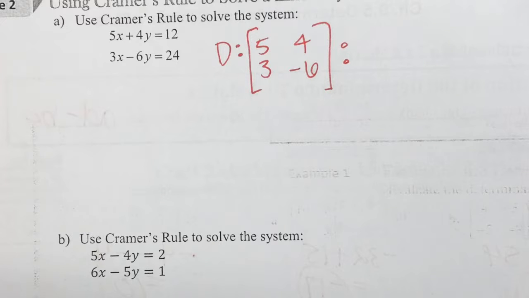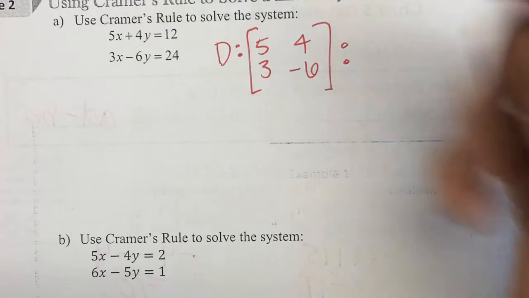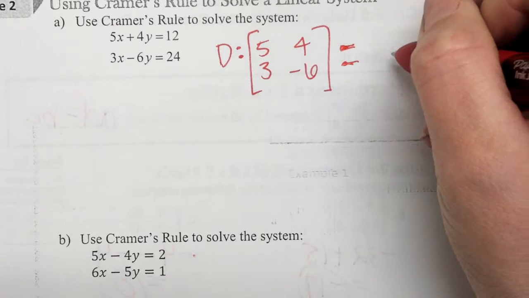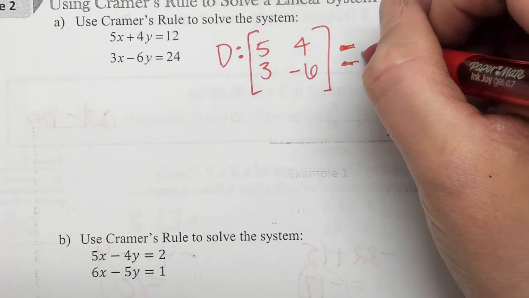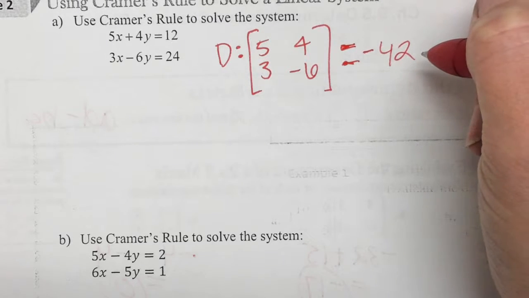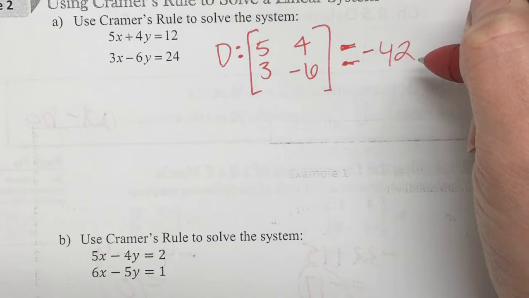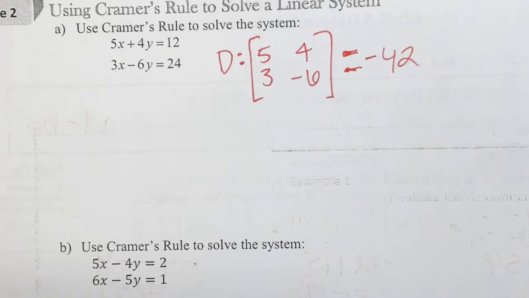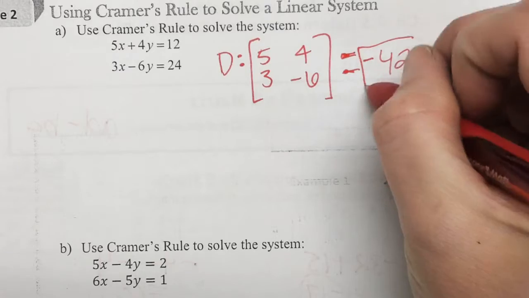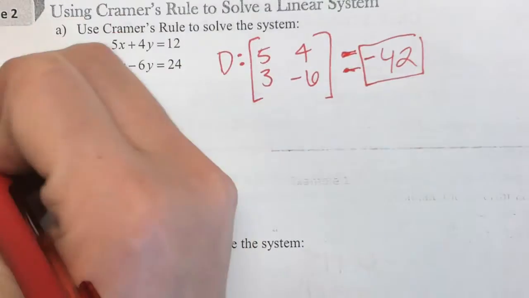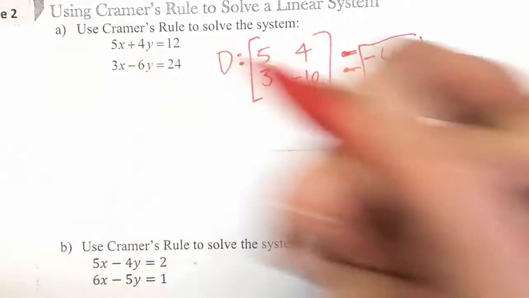And then somebody say it out loud when they find it. Very good. Alright, that's the first determinant. Do I need to go over how we got -42? Everybody's good? Alright, the next determinant we're going to find, we're going to call D of X.